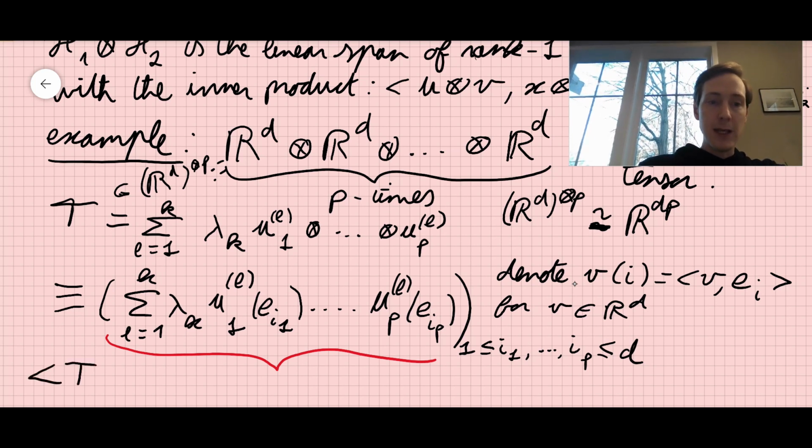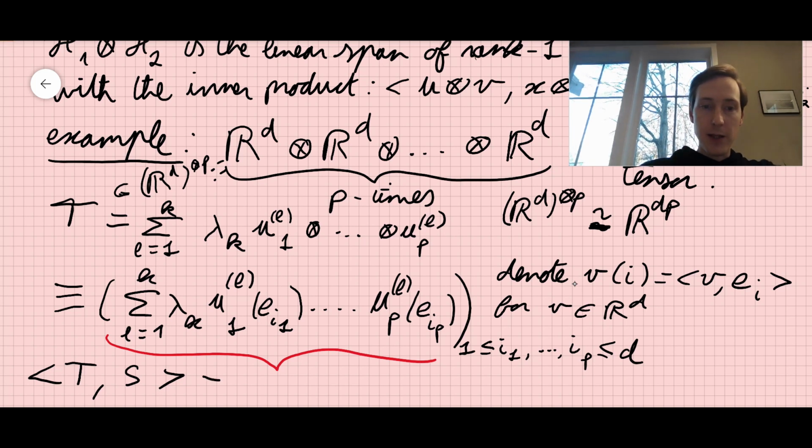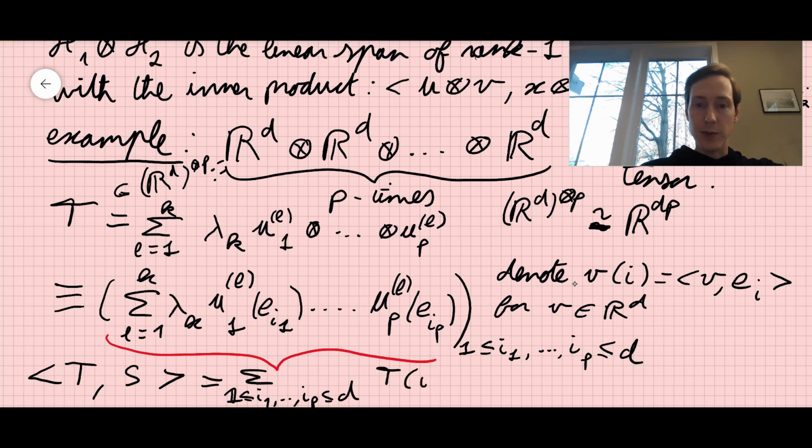If you have T and S, two order P tensors with corresponding entries T_{i_1...i_P}, then you can very easily check that the inner product is the sum over all indices I_1 to I_P between 1 and d of the product of the corresponding entries, T_{i_1...i_P} times S_{i_1...i_P}.